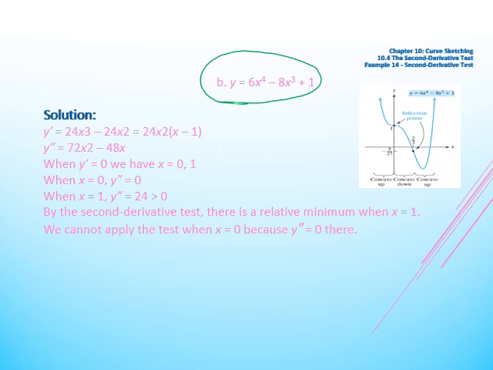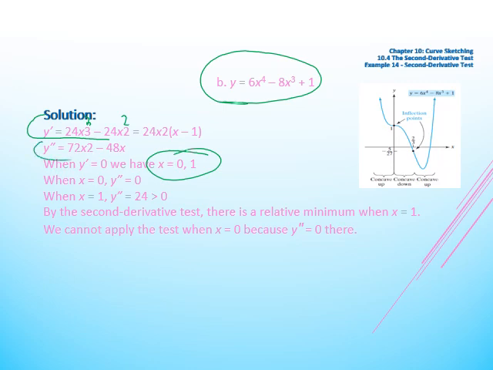Again, we will get the first derivative like this and get the values for x. So we have 24x to the power 3 minus 24x to the power 2. Get a common factor. So we have two values for x, which are 0 and 1.